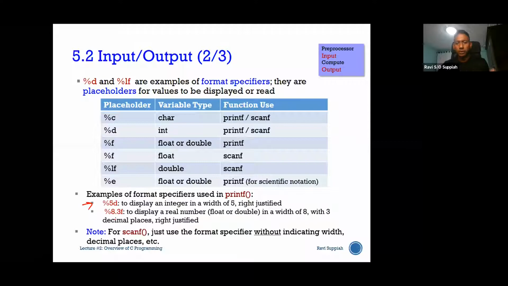There are a lot of different variations to this. I will not go through all of that. If you're interested, you can look up how you can print out the data in a variable, right justified or left justified, what is the width, and so on. Similarly, if I have a float, I can also specify the width size plus the number of decimal places. So if I want 3 decimal places, 5 decimal places, and so on. There are a lot of different variations to how you can use this.